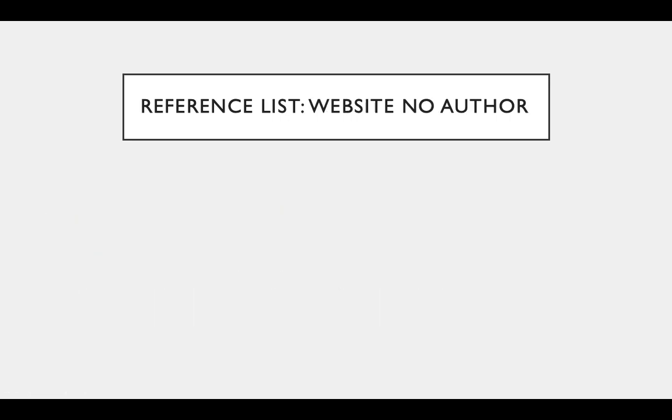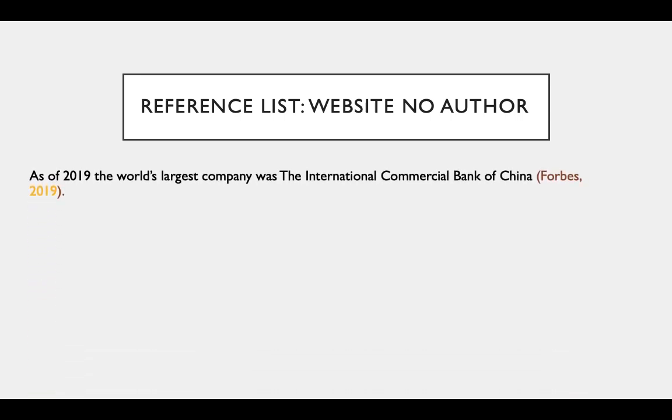Okay, this is fairly common. So first of all, we're going to look at a website with no author. Okay, and here we've got what we'd find an example of the citation in a report, and this is about the world's biggest companies. So here we go.